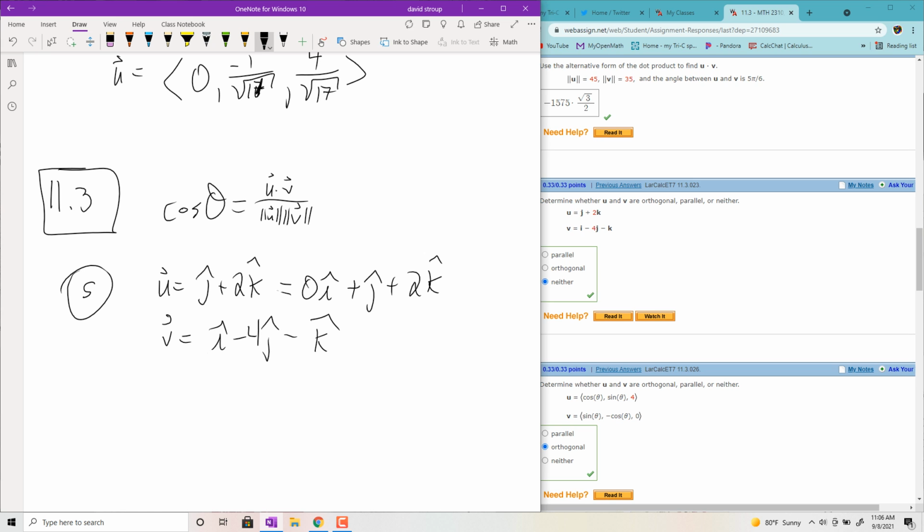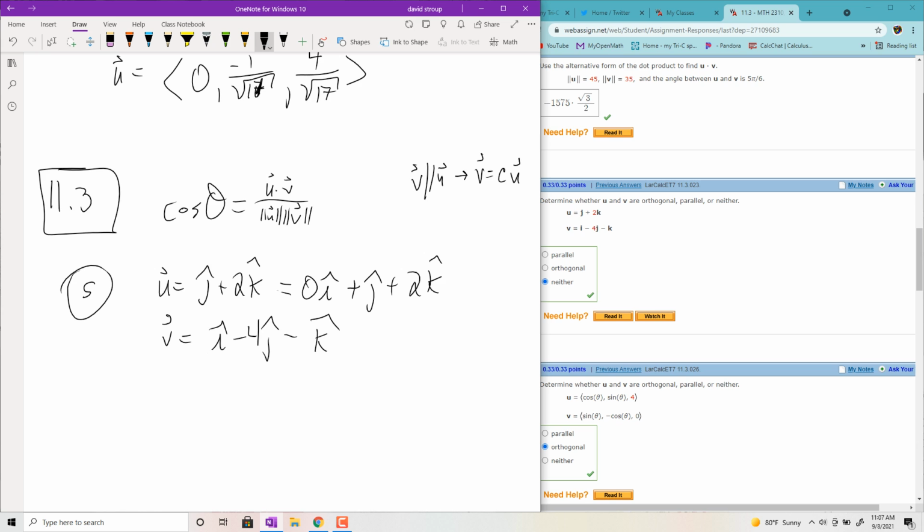I could see that if they were parallel, the components would be multiples of each other, right? I'd be able to multiply something times this i component and it would equal this i component, 0. So the only way it could work would be if the multiple was 0. Because v is parallel to u if and only if v equals a constant multiple of u.